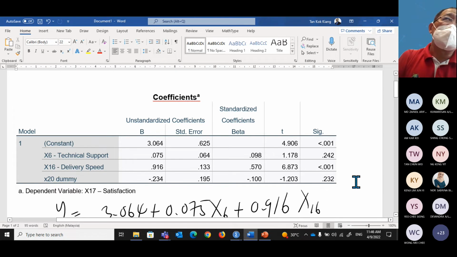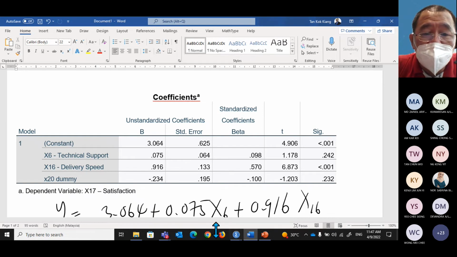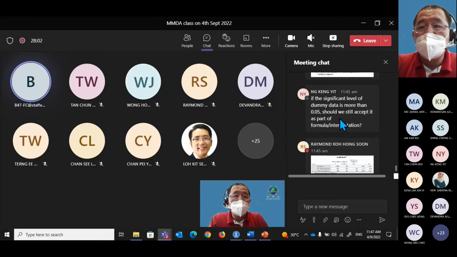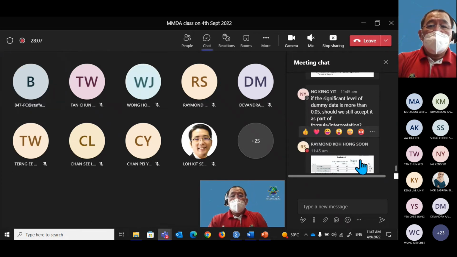It's larger than 0.05, therefore we cannot reject the null hypothesis. So the dummy is not significant. Therefore, we still interpret it like how we interpreted the p-value and the beta coefficient just now in the morning session. The same method.